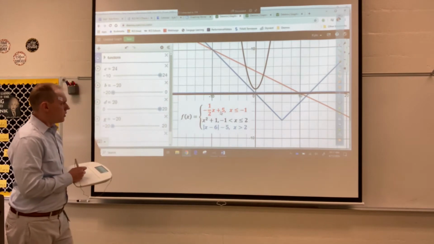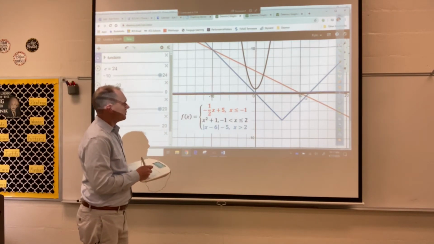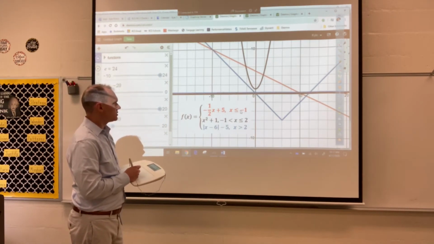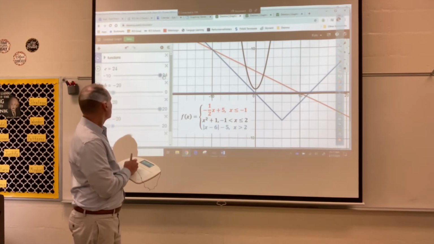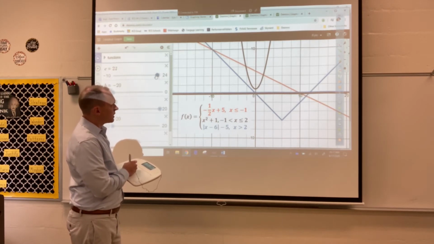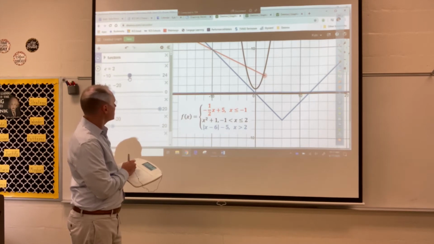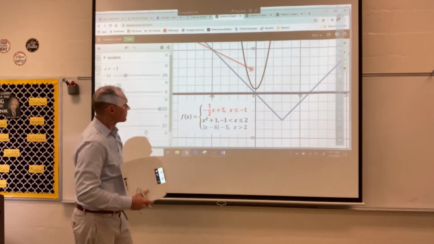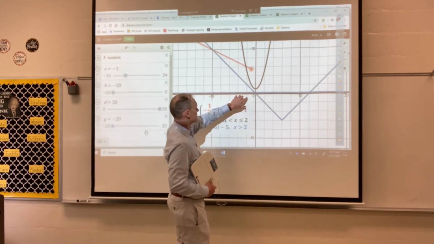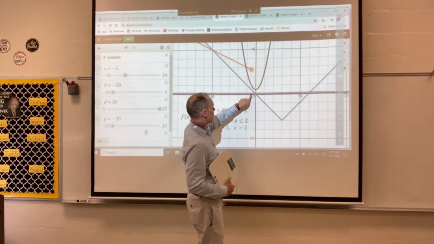So let's restrict this red graph, the linear function, to only be to the left of negative 1. So I'm going to drag the domain, and we're not going to see the whole graph. We're just going to see to the left of negative 1, which is right there. So the scale is actually up by 2, so this is actually negative 1 right here.